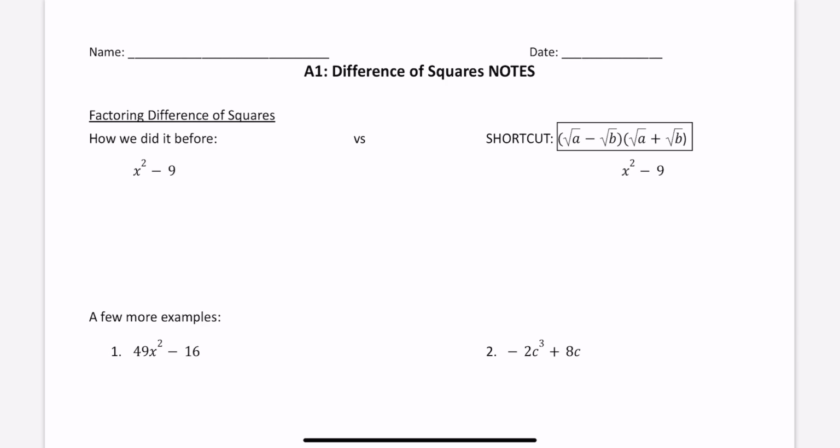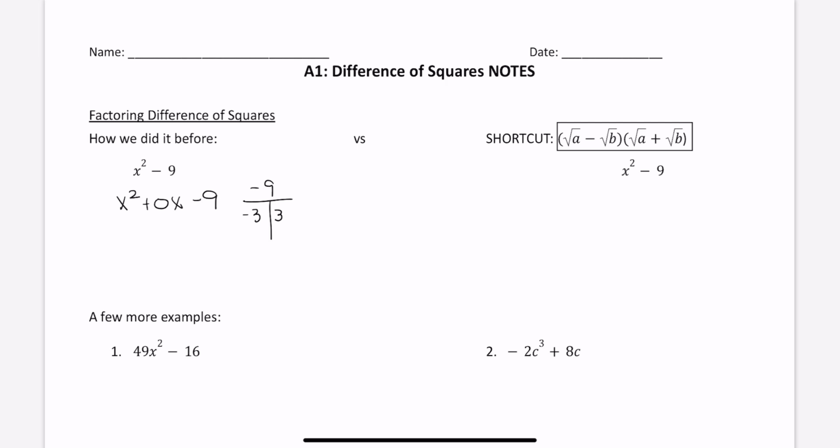So like I said before, how we have factored difference of squares is we've said, oh, there's no x's here, so we turn this into x squared plus no x's minus 9. Then we made our t-chart, -9 on top, and that was going to be -3 and +3, and they add to 0.